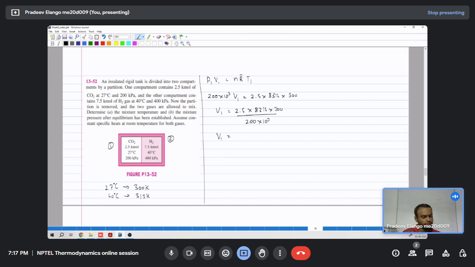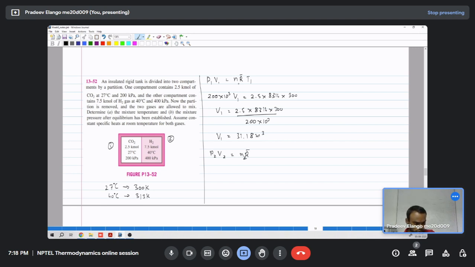So we have the value of volume 1. This is 31.18 meter cube.